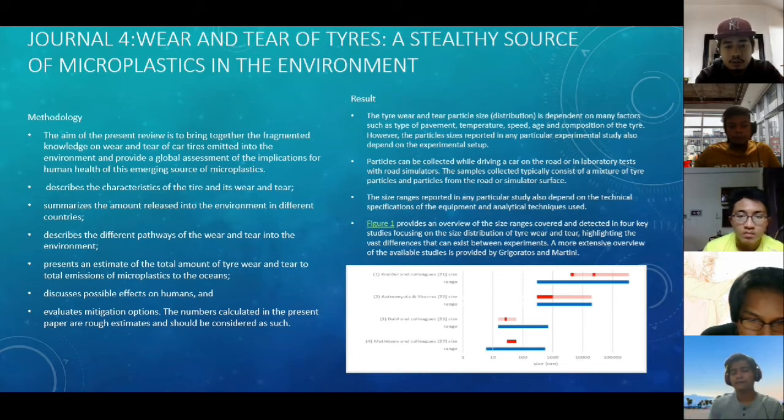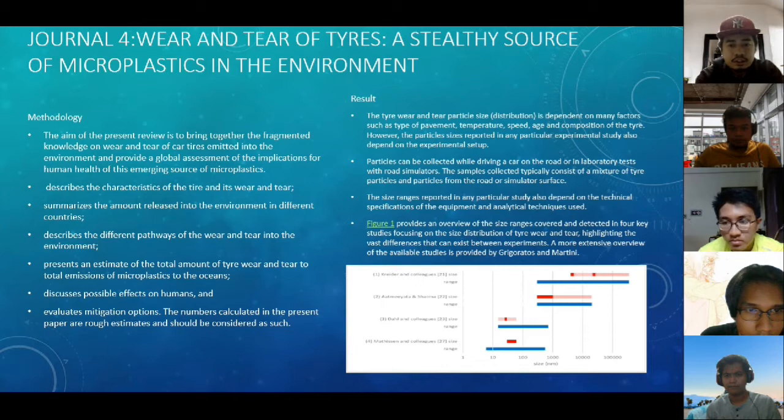As you can see, Figure 1 shows four studies from four different countries based on the wear and tear. Based on the four studies, we conclude that the literature data show a considerable variation in the size distribution of wear and tear particles.